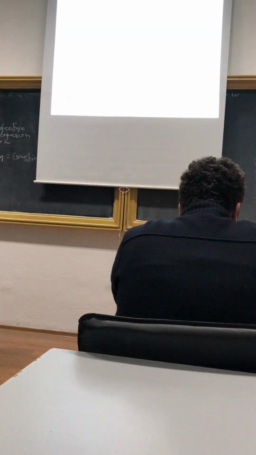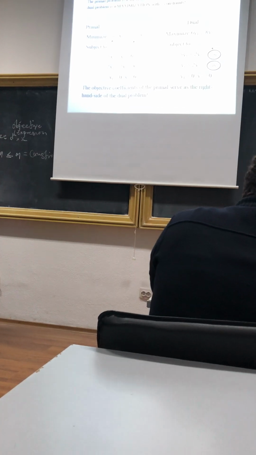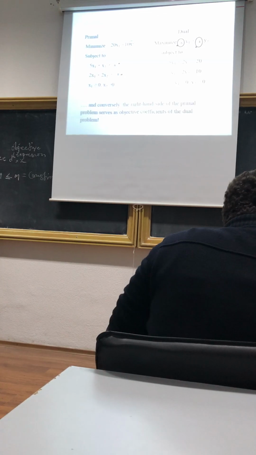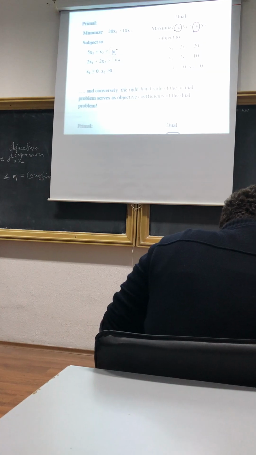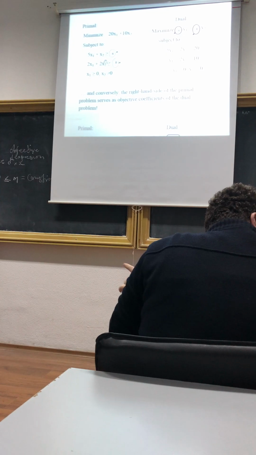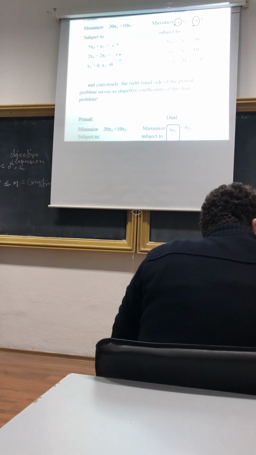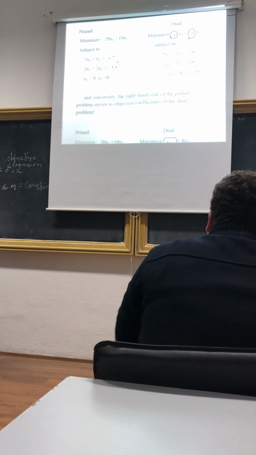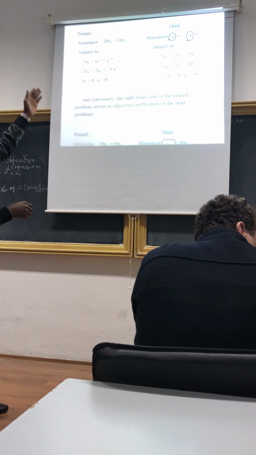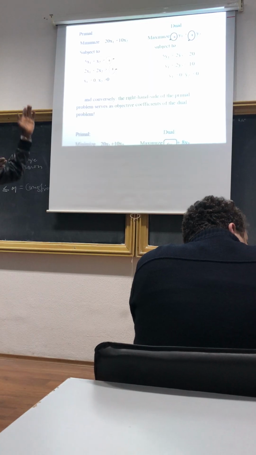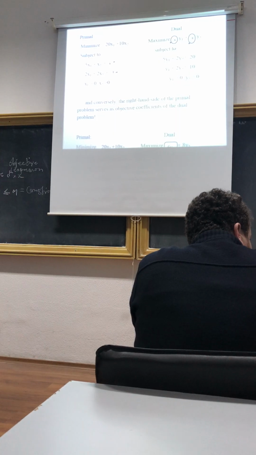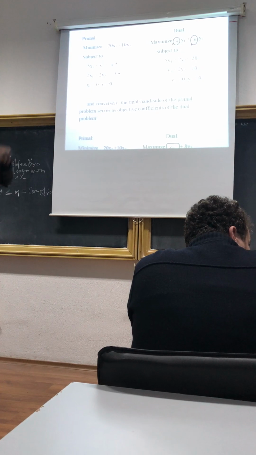And that is compulsory. You must have them for the problem. Like the same thing I've been saying, the inequalities for the primal are the objective functions in the dual problem.